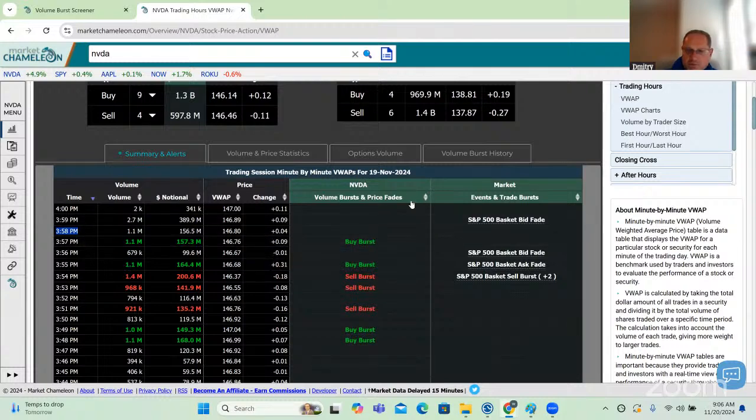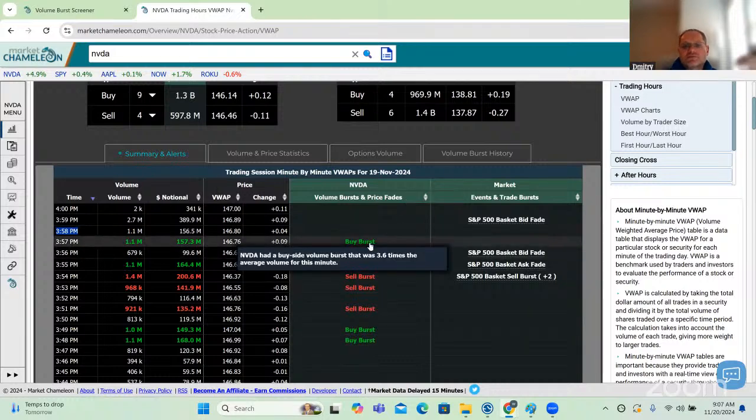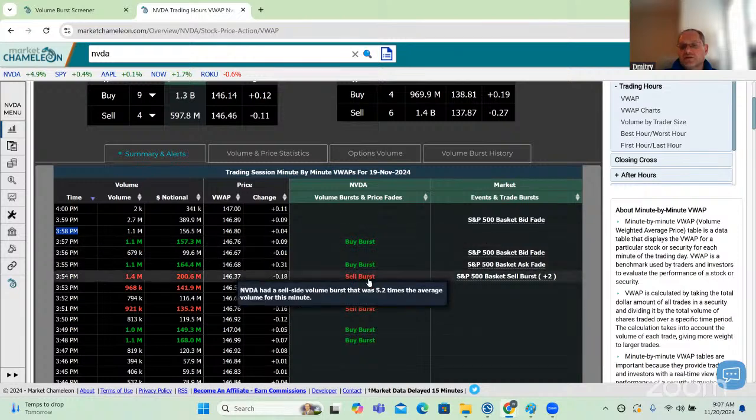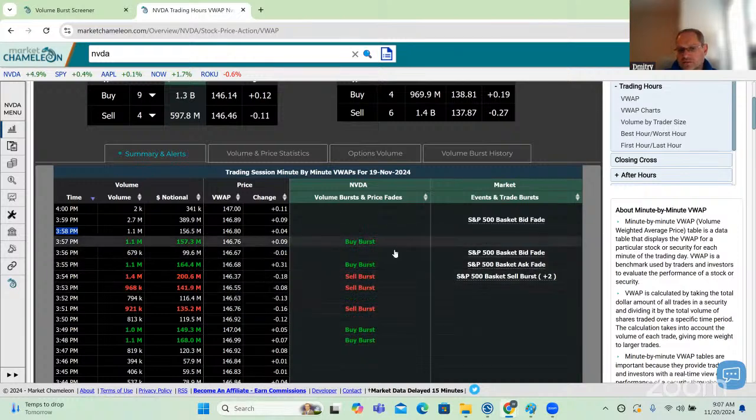For our purposes right now, we're just going to look at the volume bursts. If the volume was significant in that minute relative to what it usually is, and I think it's like 2.8 standard deviations away, we'll list it here as a big volume burst. If the volume exceeded that threshold, it's a burst.